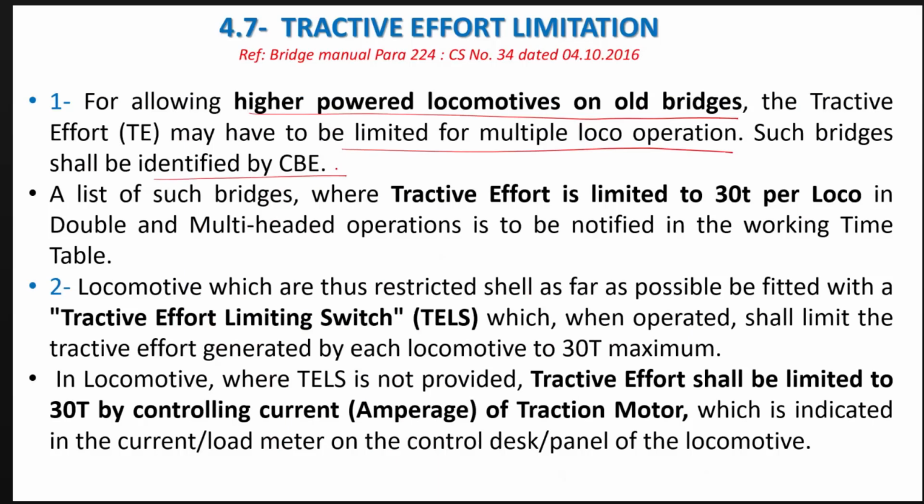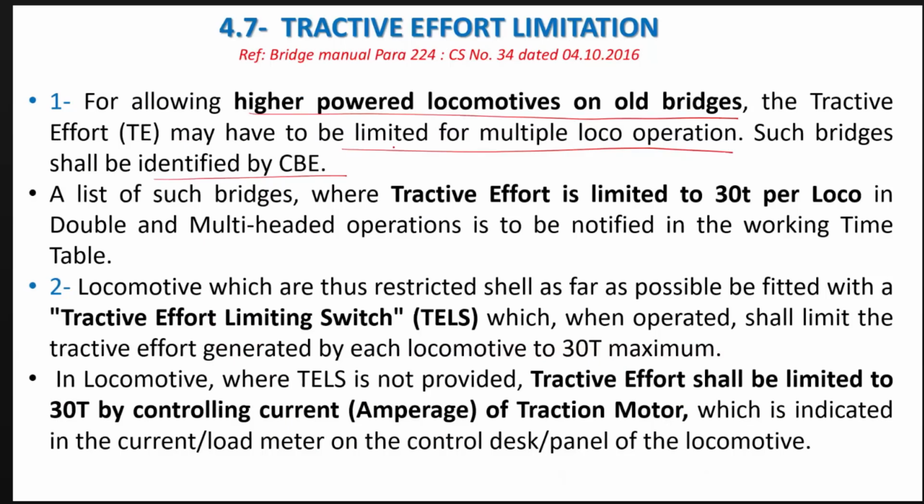Mostly earlier the WDM2 was 30 ton, 30.48 ton. Based on that tractive force, most of the bridges in BG ML time were cleared at maximum on that tractive force. So 30 ton is the TLS if we are taking.